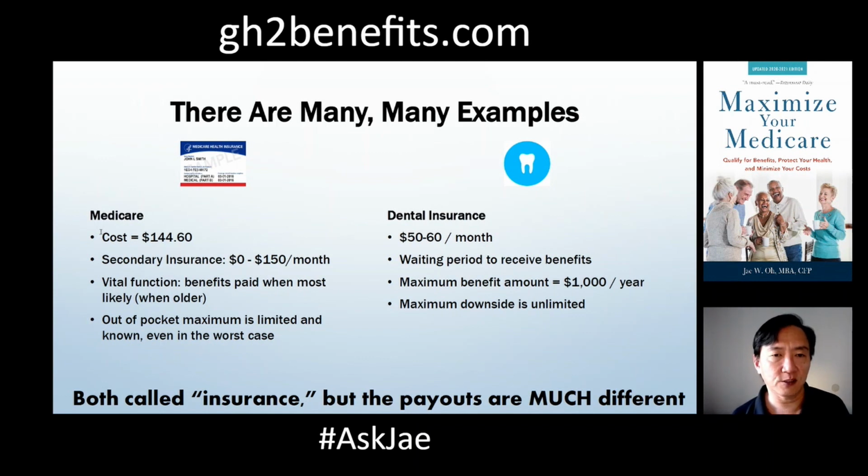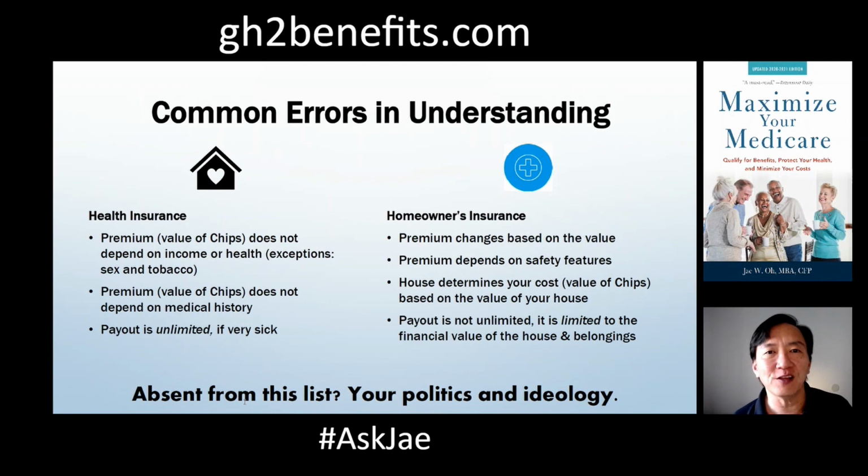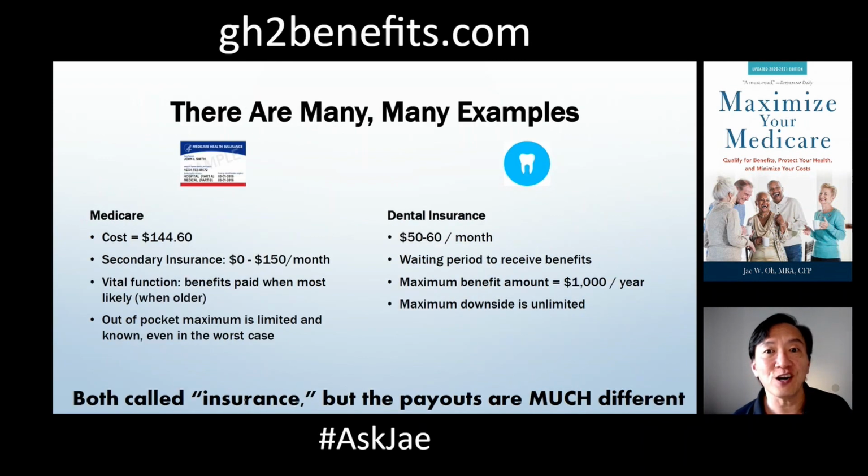Dental insurance, different. The price is $50 to $60 a month for very comprehensive plans. Problems: you've got these little details. Waiting period to receive benefits. Maximum benefit amount, $1,000 a year. So much in the same way that in homeowners insurance your payout is limited to the value of your home, here your maximum benefit amount is $1,000 a year.